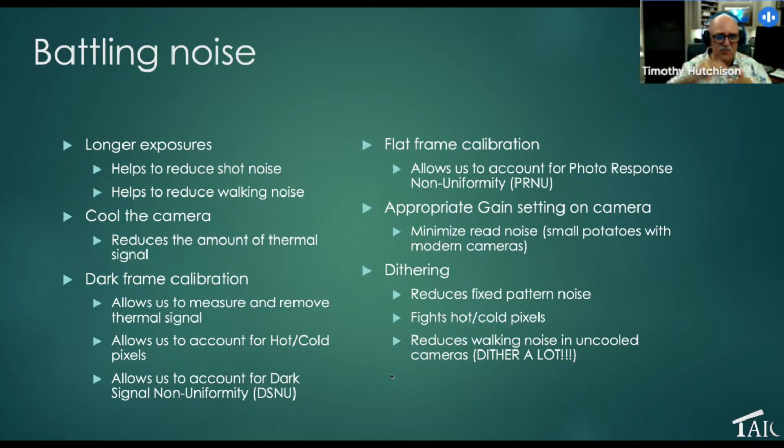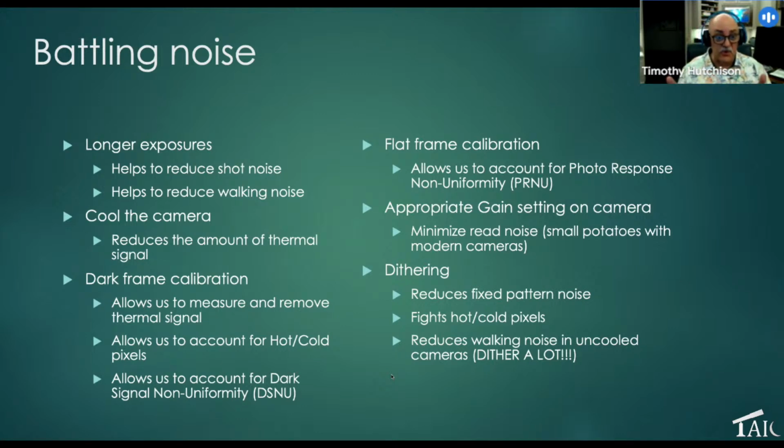So as our image gets brighter, our shot noise is less, or I should say, is less a percentage of our signal from our target object, right? The shot noise is climbing at a slower rate than the brightness of our image is climbing as we take a longer and longer exposure.